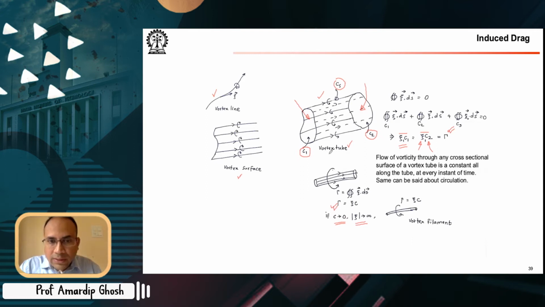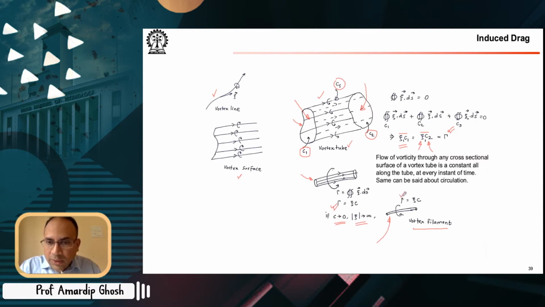So this is a vortex tube. This one is a vortex tube of a smaller cross-sectional area. This one is a vortex filament, which essentially means that this is a vortex tube whose cross-section area has been shrunk to an infinitesimal amount.